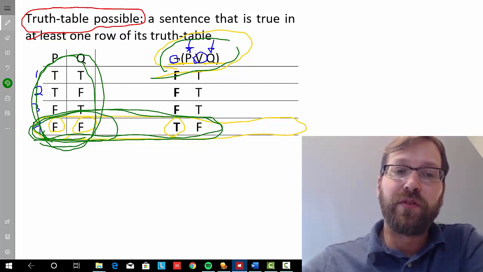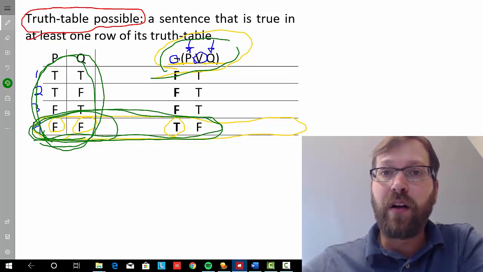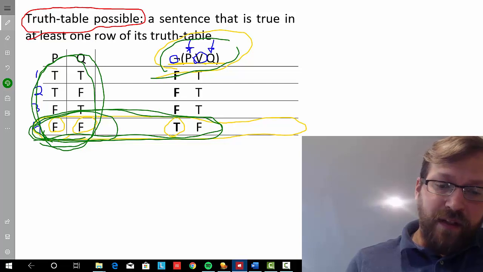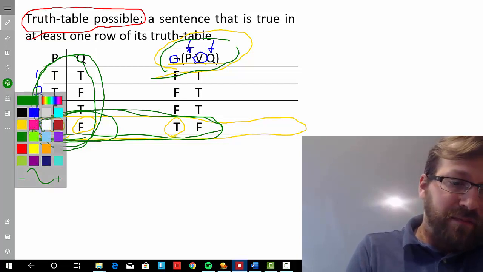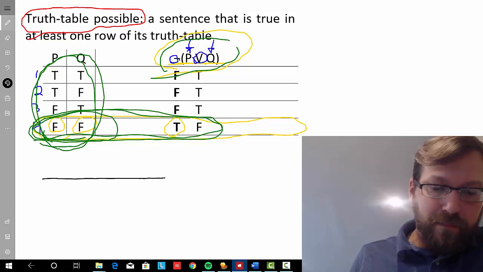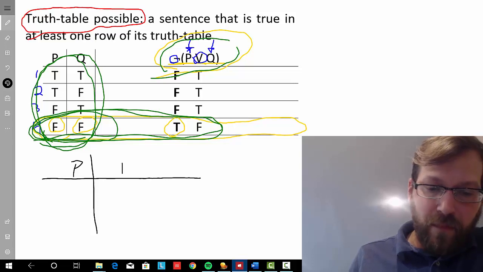We can also contrast truth table possible with sentences that are truth table impossible or truth table contradictory. So take, for instance, this truth table and this sentence.